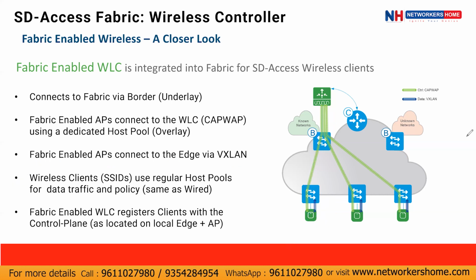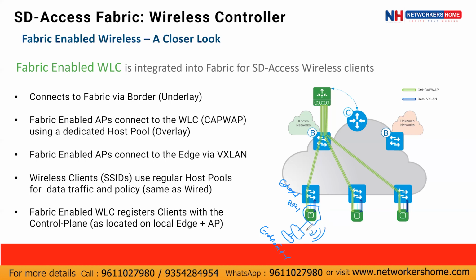Now consider this example. This is access point 1. This is edge 1, and you have endpoint 1 connected here. I'm using this symbol just to denote that it is connected on wireless.